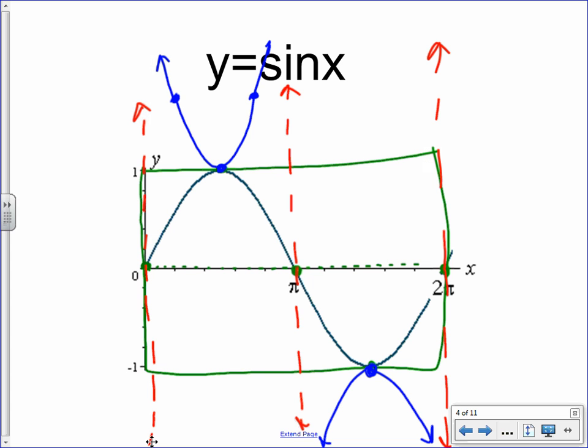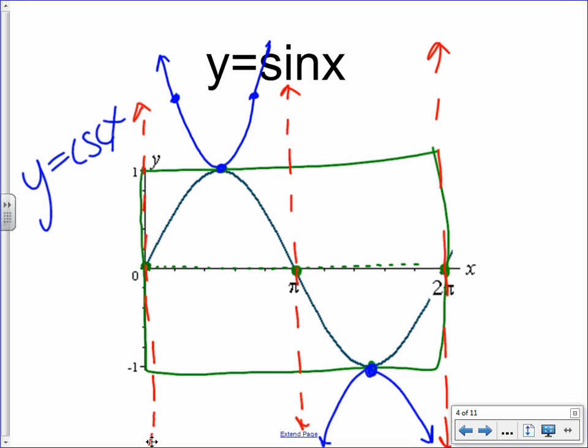There is the blue with the red asymptotes. That is your y equals cosecant. Okay. So what's going to happen is if we know what the sine graph looks like, we can just sketch in our asymptotes and our u's.